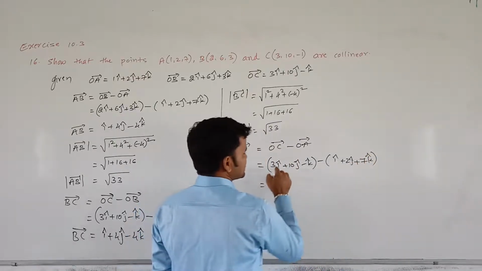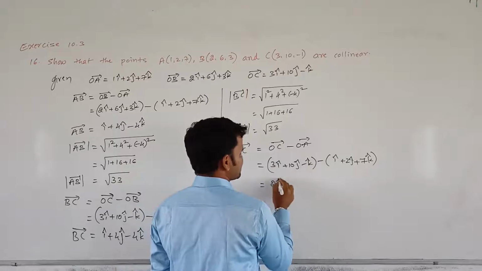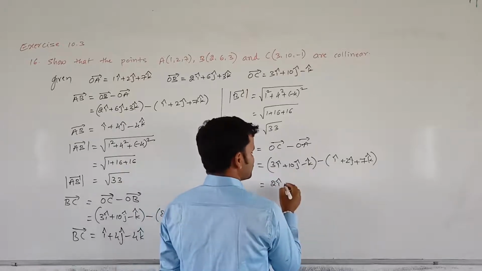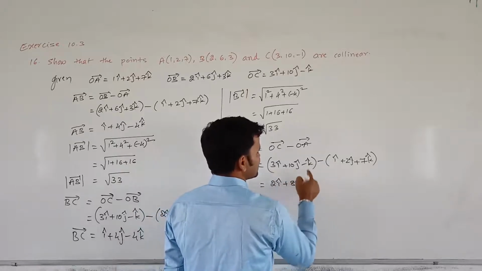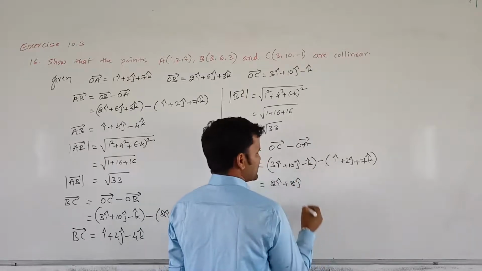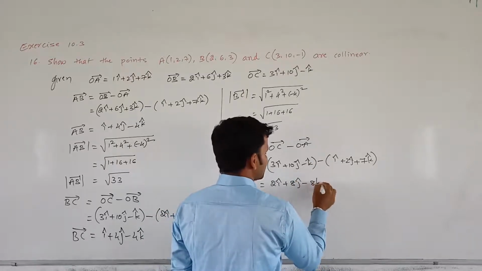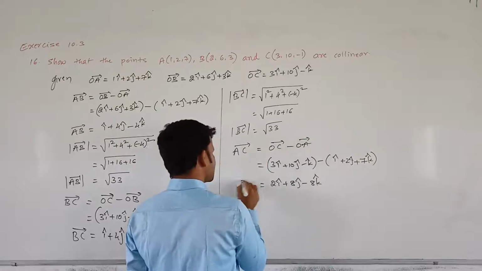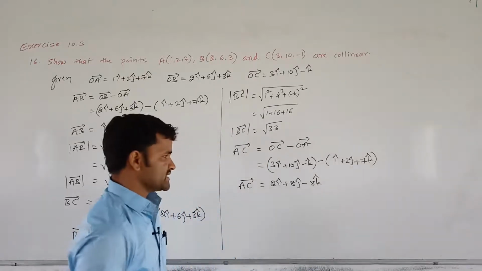Subtract it. 3 minus 1 is 2i. 10 minus 2 is plus 8j. Minus k minus 7k will be minus 8k. This is vector AC.